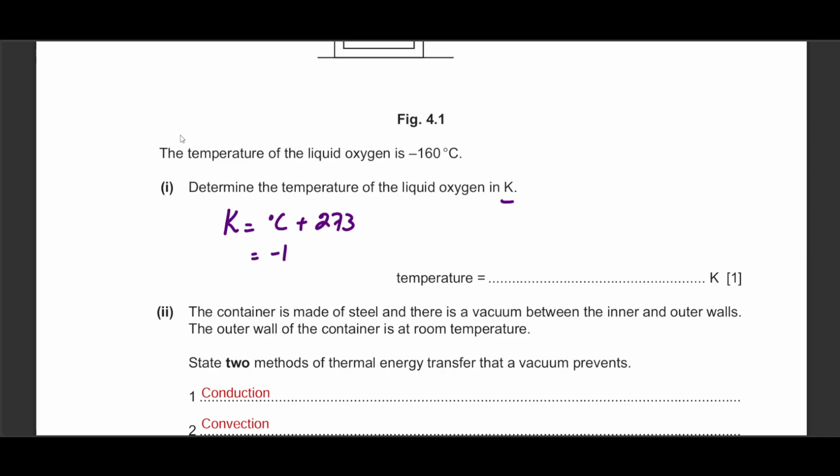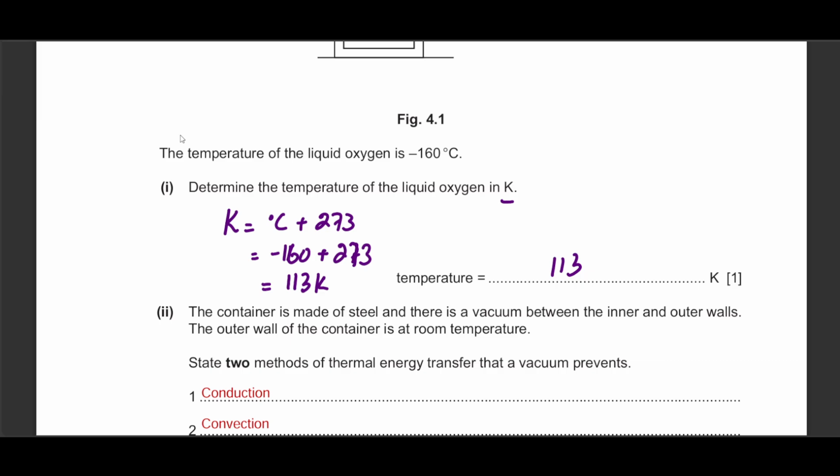So this will be minus 160 plus 273. The actual temperature in Kelvin is going to be positive, I think, plus 116. Sorry, it's 113. Yeah, so it's going to be 113 Kelvin.